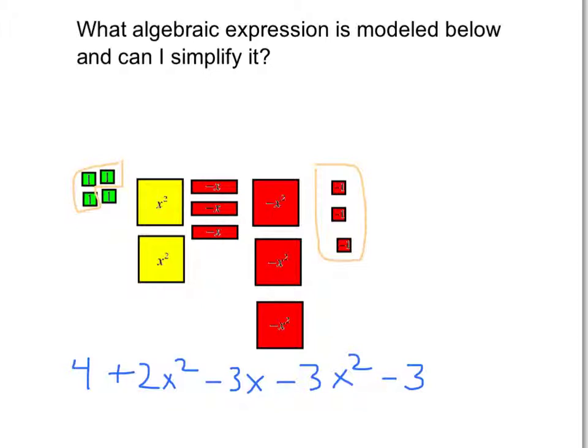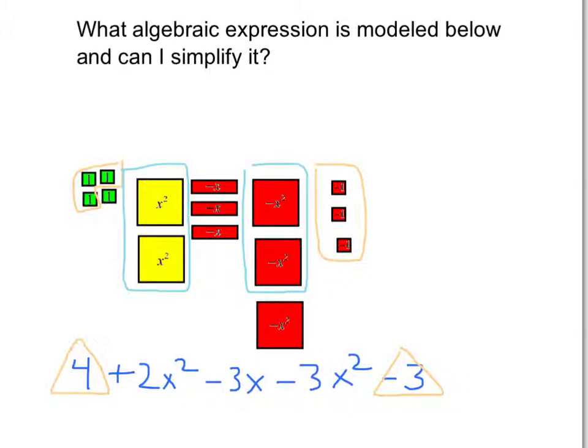And so that's dealing with this and dealing with this. And then I have these 2x squareds, and I can use 2 of these negative x squares to cancel those out. So I'm going to do 2 of these, and 2 of these will make 0.